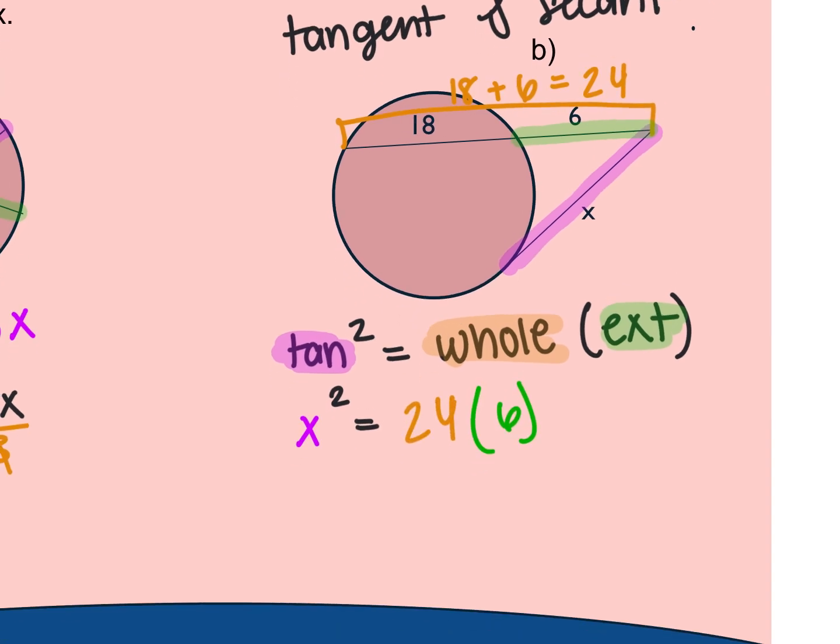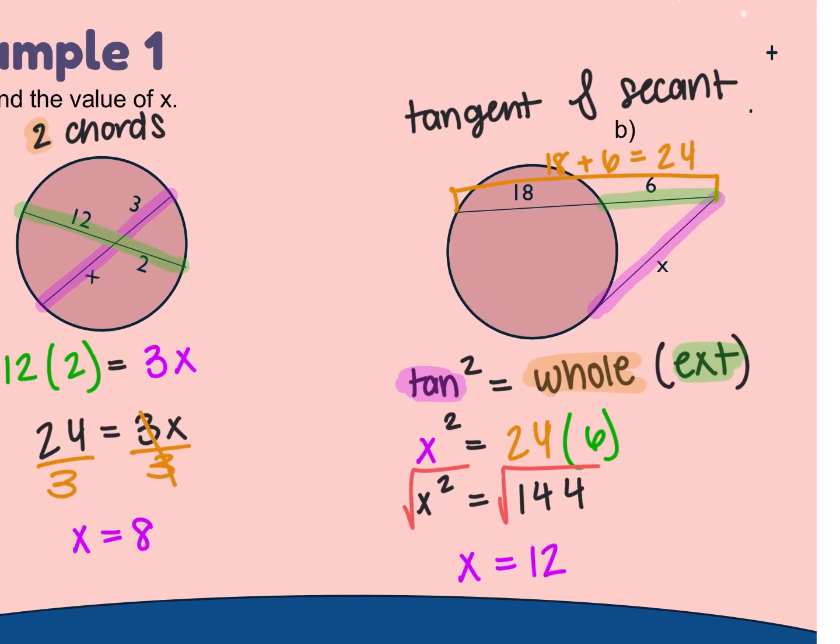And what's 24 times 6? 144. Good, 144. And then how do I get rid of a squared? Good, square root it. And that would give me my answer. X equals? Perfect.